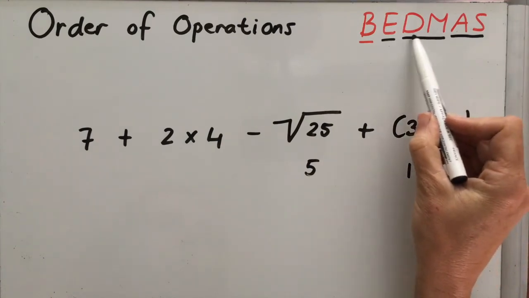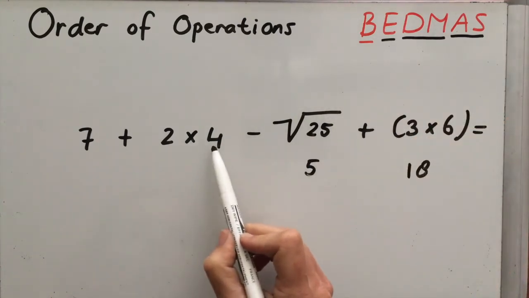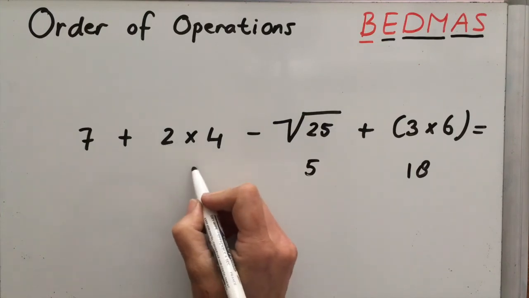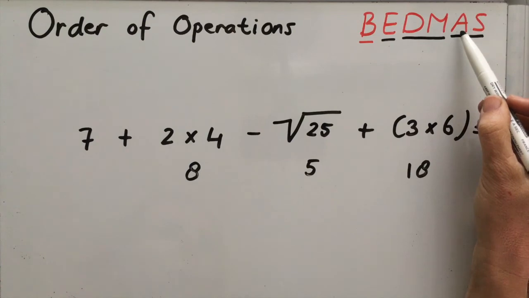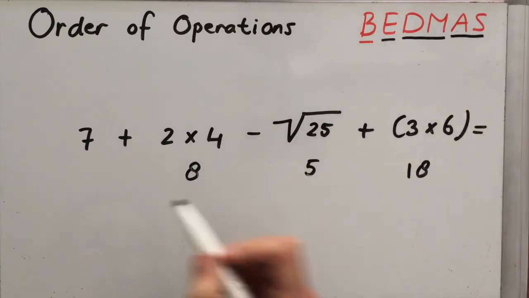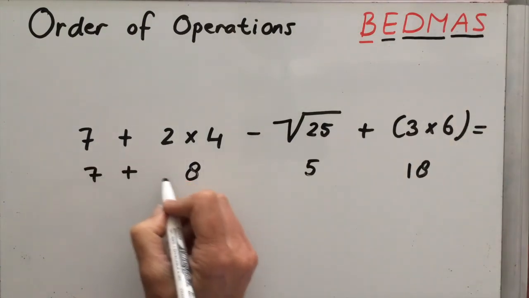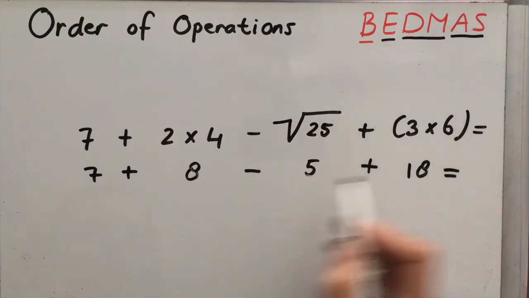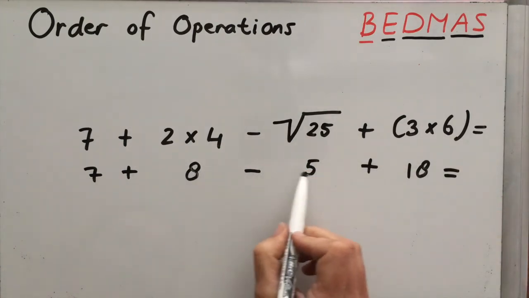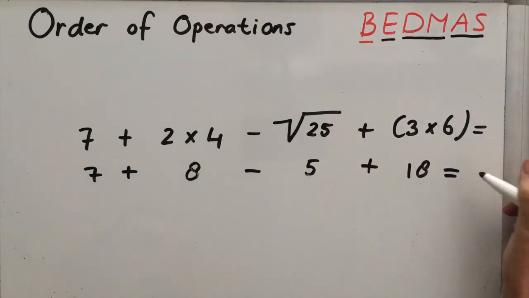Then I explore division and multiplication, which I see over here. 2 times 4 is 8. And then the rest, what's left over, is addition and subtraction. So I have 7 plus 8 minus 5 plus 18 equals 15 minus 5 is 10 plus 18 is 28.